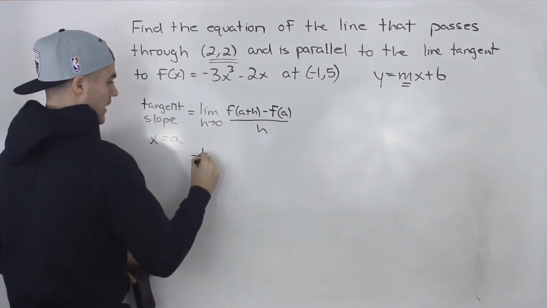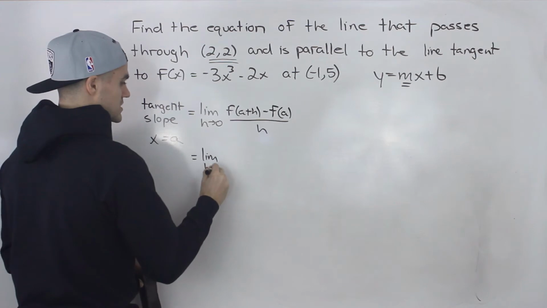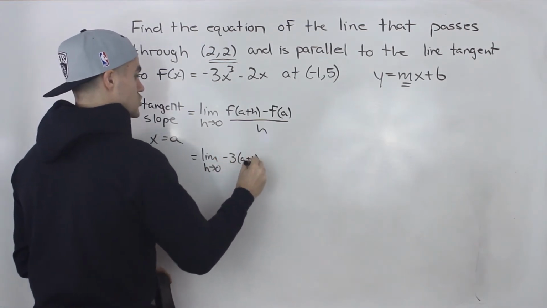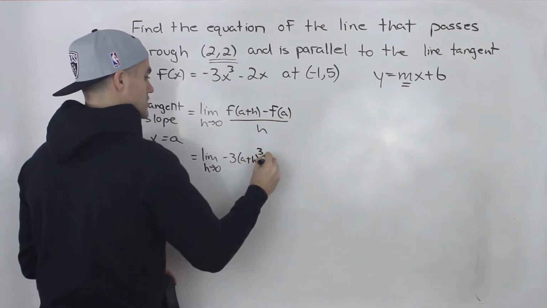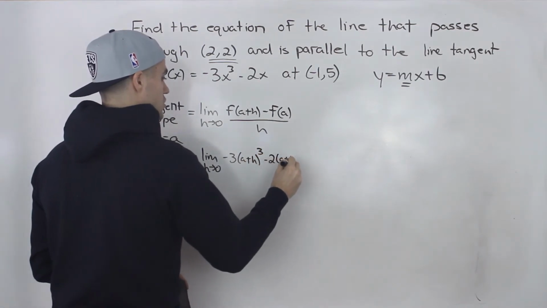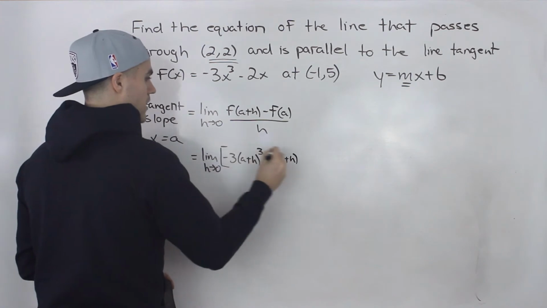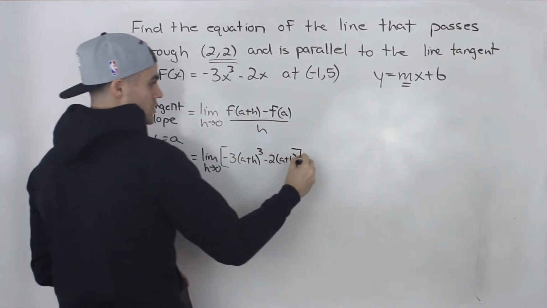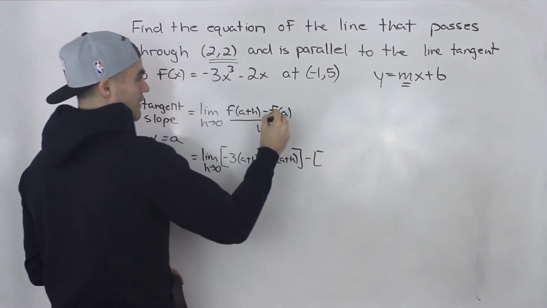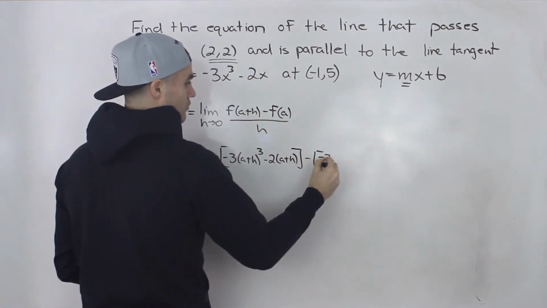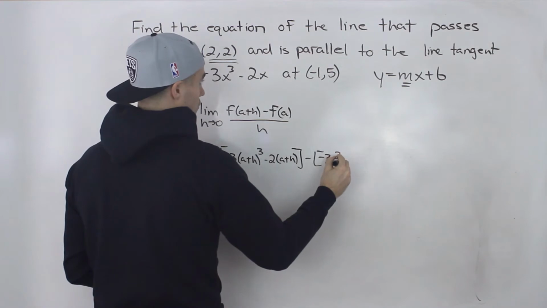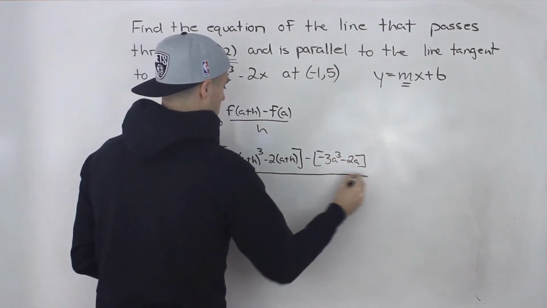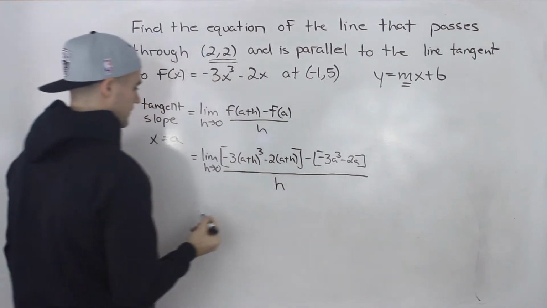So we would have the limit as h goes to 0 of negative 3 times (a plus h) cubed minus 2 times (a plus h). This whole square bracket is basically f of a plus h, and then we're going to subtract f of a, which would be just negative 3a cubed minus 2a. And then this is all over h.